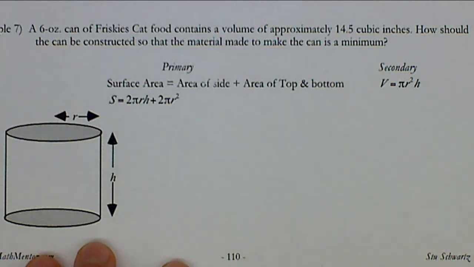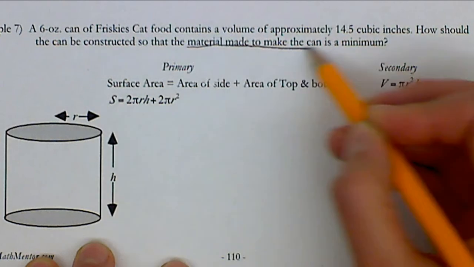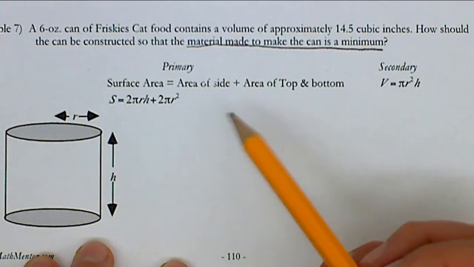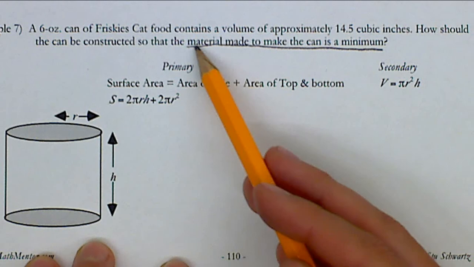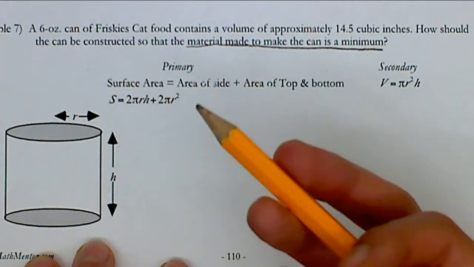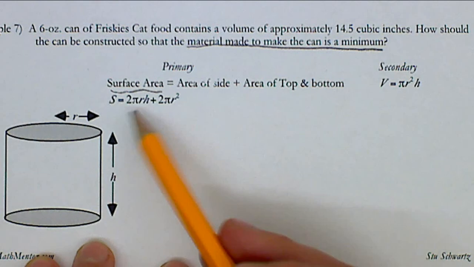So we want to minimize the material. And this problem kind of helped us out. This wouldn't usually be given to you on the test, but if we're trying to minimize the material made, basically the material that makes up the can is going to be the surface area. So our primary equation is this surface area equation.